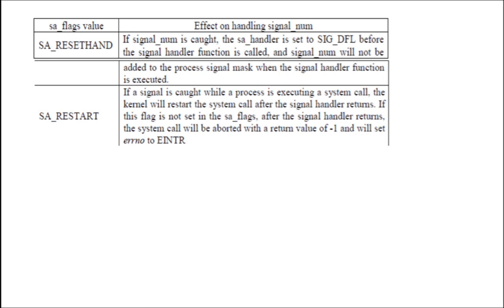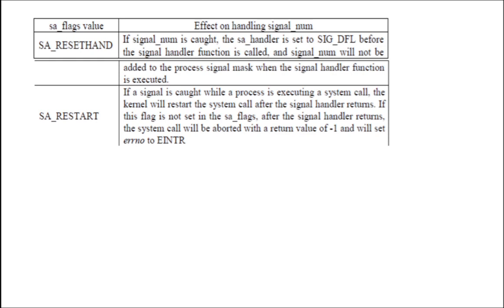If the signal number is caught, the SA handler is set to SIG_DFL before the signal handler function is called, and the signal number will not be added to the process signal mask when the signal handler function is executed. In simple words, whenever a particular signal is caught, the signal handler is set to the default value.